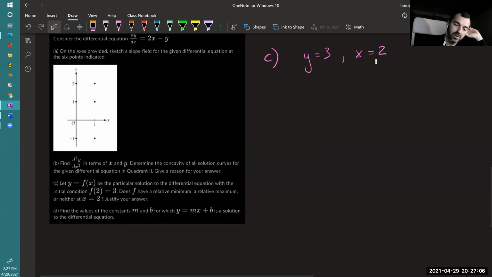Question is, what do we want to do? Does f have a relative minimum, a relative maximum, or neither at x equals 2? Well, look at this. They give us x equals 2. How do I find maximums and minimums? I have to know if the derivative, or dy/dx, is equal to 0.